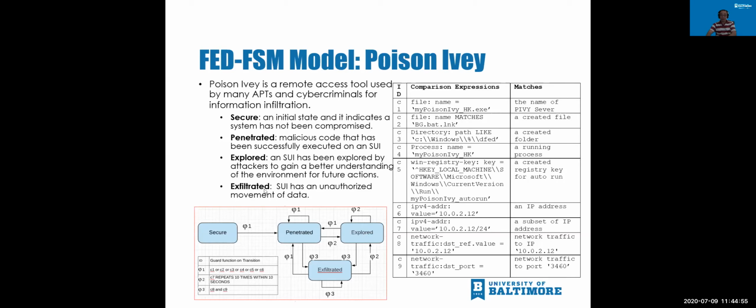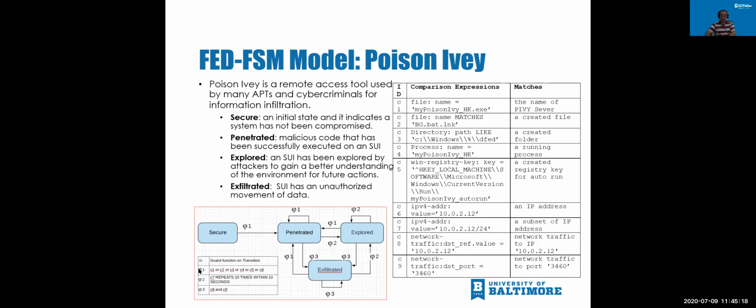And exfiltrated indicates the system has unauthorized movement of data. So those are the 4 states. The transitions between them are indicated by phase 1, phase 2, phase 3.